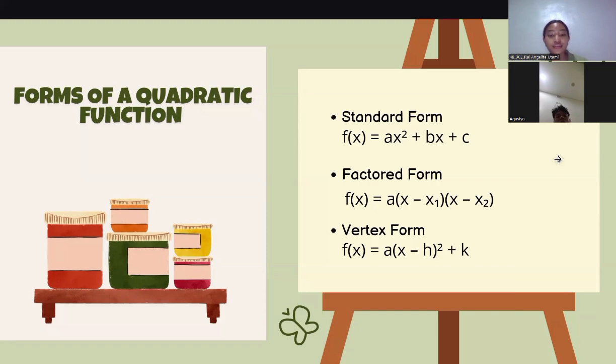Each form is useful because it gives us a different shortcut to find key details. First, we have the standard form f(x) equals ax squared plus bx plus c. This form is great because the constant c tells us the y-intercept instantly.